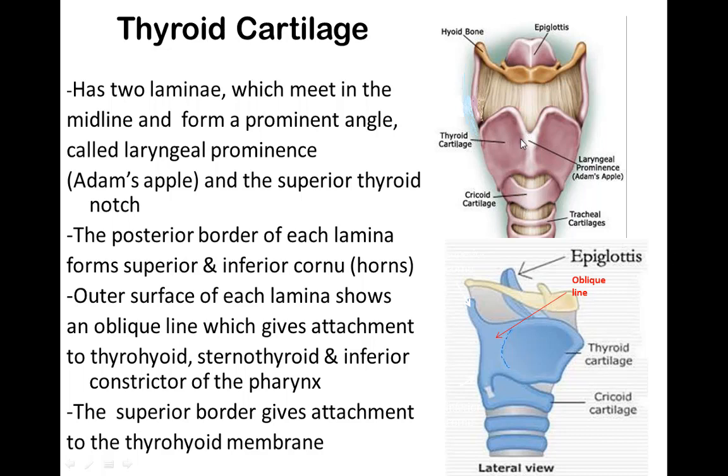Starting with the largest cartilage, which is the thyroid cartilage, the single cartilage, it has 2 laminae that meet in the midline, and they form this projection or V shape, which is known as the Adam's apple, or tubercle or prominence.